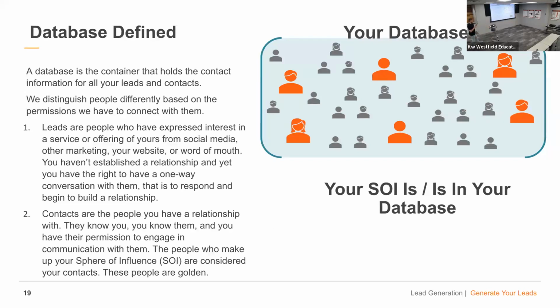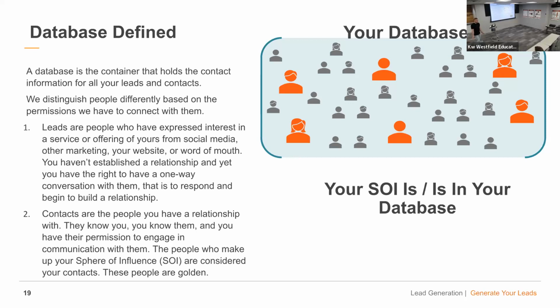So we're going to talk about database. I'm going to help you understand in a simple way what your database actually is. A database is basically the container that holds the contact information for all your leads and contacts, right? So it's where you store all your people. We distinguish people differently based on the permissions we have to connect with them. Leads are the people who have expressed interest in a service or offering of yours from social media, other marketing, your website, word of mouth, etc. But you have not established a relationship yet, but you have the right of a one-way conversation with them because for some reason you've gotten their contact info.